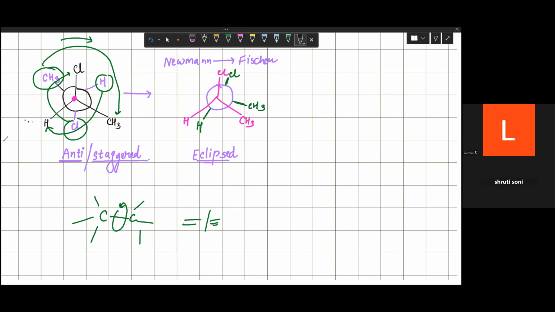So that's why in this case both carbons are attached with a single bond in the anti form of Newman. So we generate an eclipsed form which has similar groups on the similar side.